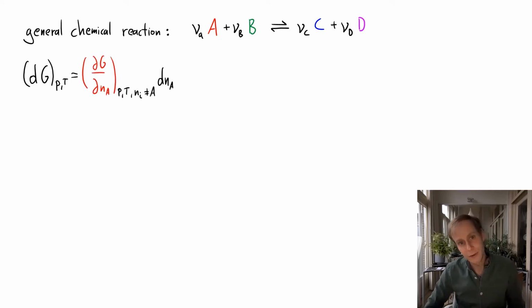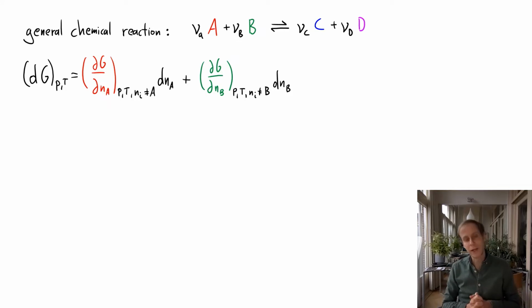We take the partial derivative of the free energy with respect to the change of moles of reactant A and multiply that with the change of moles of reactant A. As simple as that. And the same goes for the partial derivative of the free energy with respect to the moles of reactant B. As the reaction proceeds, right, A and B will react. Their mole numbers will change, which is indicated by the dNA and dNB variables.